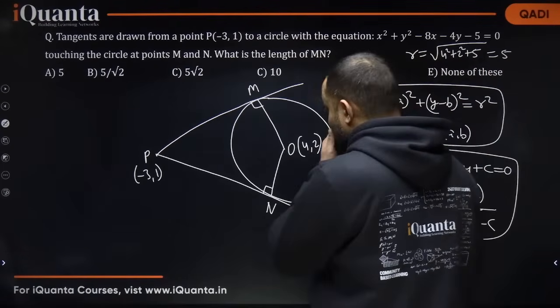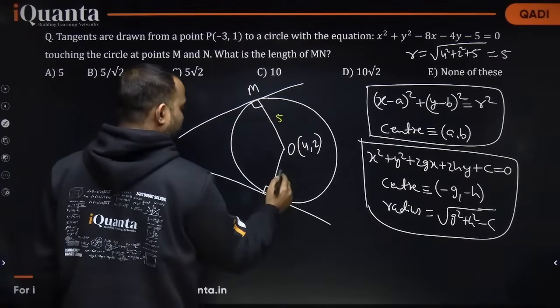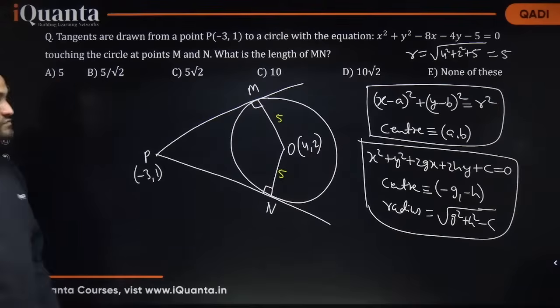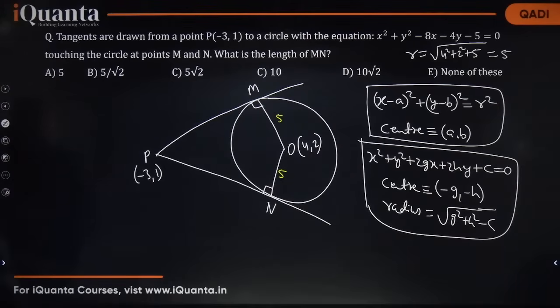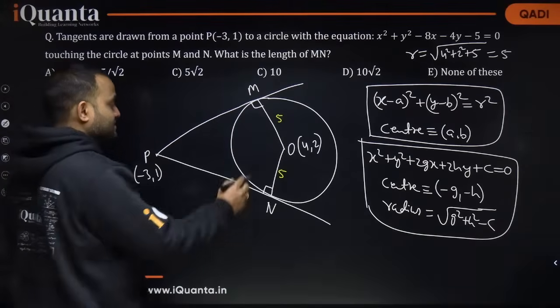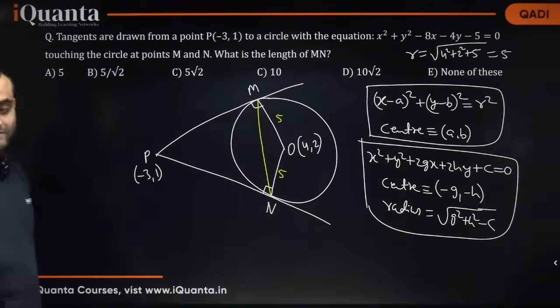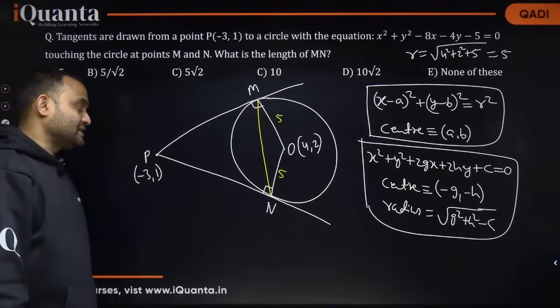The radius is equal to 5. The length of OM, this is 5, this is also 5, correct? This is 5, this is 5. We need to find this length. How do you find it? Tell me. What's your answer? 5 root 2? Yes, that is correct.